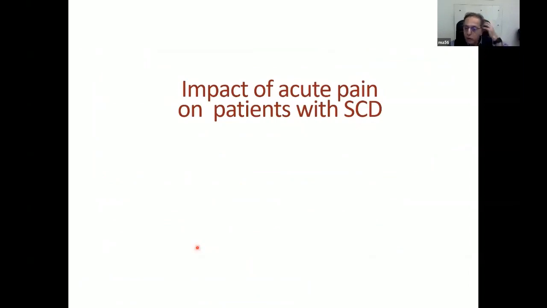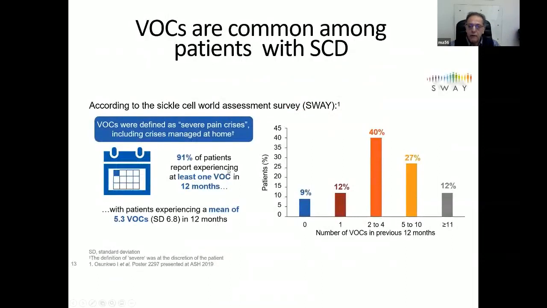We already saw it might impact their relationship with healthcare providers, but let's look at this situation. Now, I was part of the steering committee of the SWAY study, an international survey of sickle cell disease experiences. And we defined pain crisis as severe pain crisis, including those managed at home.